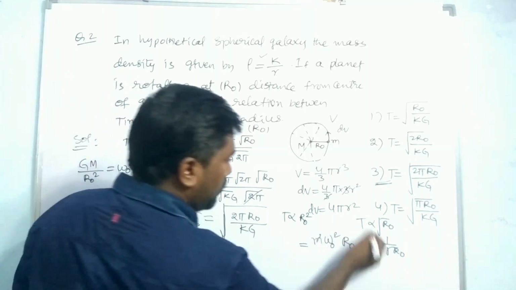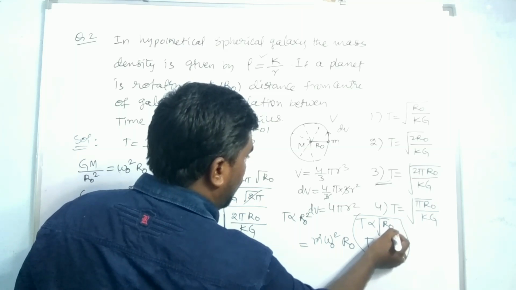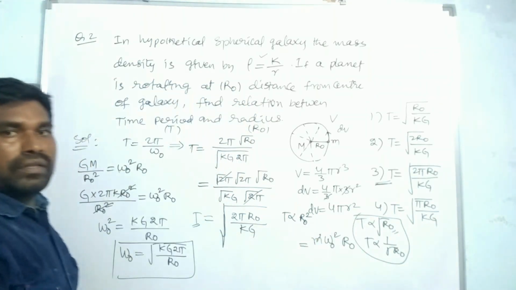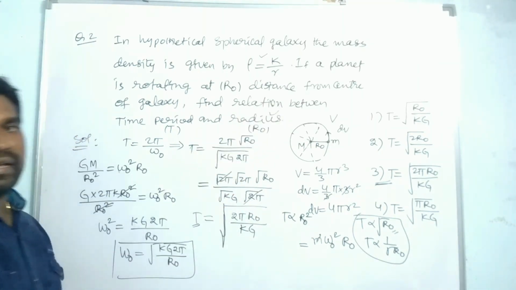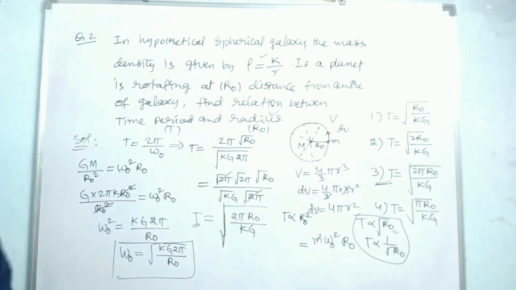So this type of model we have to remember: T proportional to the square root of R naught. That is the relation between the time period and the radius of the galaxy. Okay, clear? Let us see the next question.